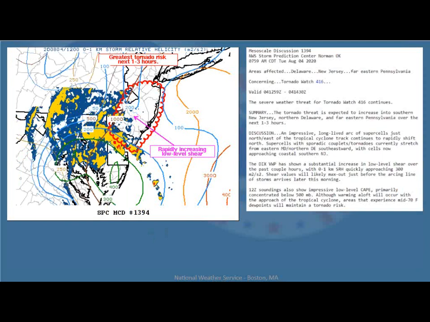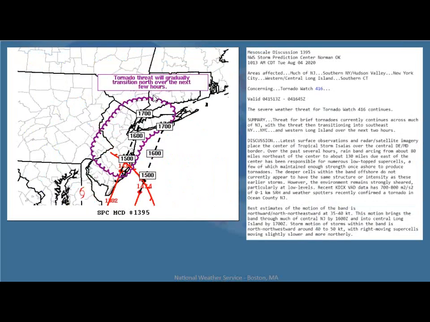And the main takeaway is that as the system comes north, there's more rotation and spin in the atmosphere, and that increases the chance for tornadoes. And this is highlighting eastern Pennsylvania and New Jersey. And that's 2 hours later, and SPC did issue a tornado watch for the Mid-Atlantic states.